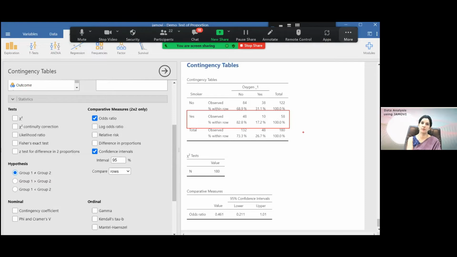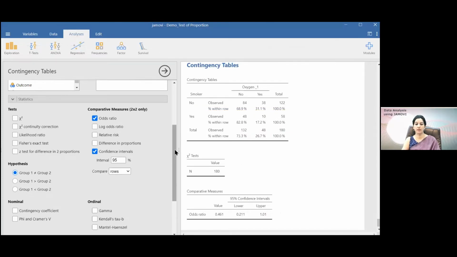Odds of oxygen requirement in case of smoker, it will be 10 by 48. So it is the 10 by 48. Similarly, the odds of oxygen requirement in non-smoker will be 38 by 84. And if you take the ratio of these two values, it will come to 0.461. Okay, and this is the 95% confidence interval. Since it is crossing 1, you can say that this is not significant.